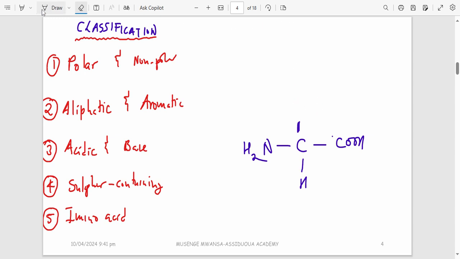It's also aliphatic. There's no ring. Very good. Now let's talk about valine. The group is known as isopropyl, so it has a group like this. It has a carbon bonded to CH3, bonded to CH3. Do you think this amino acid is polar or non-polar?